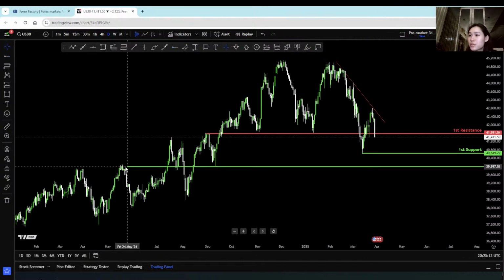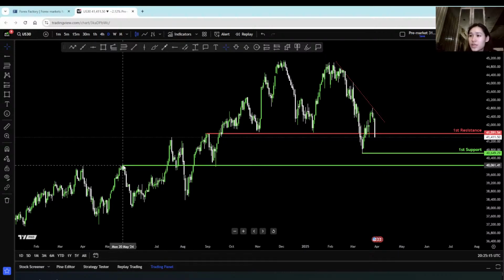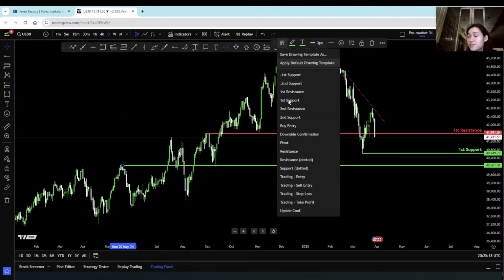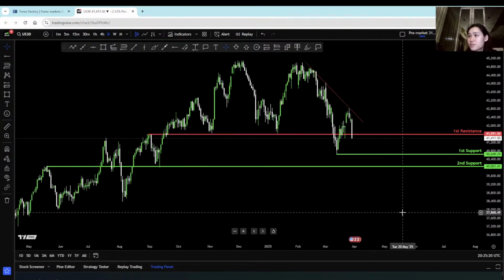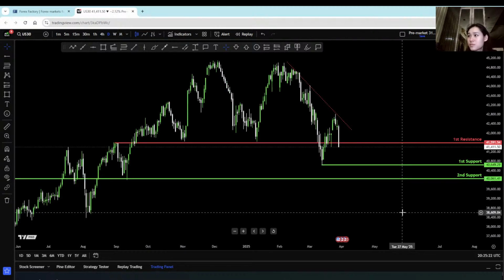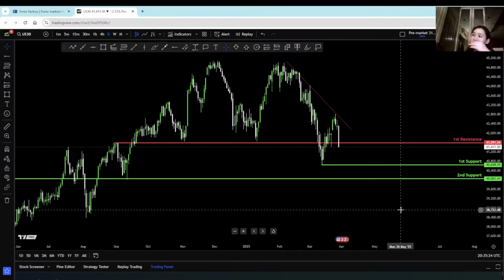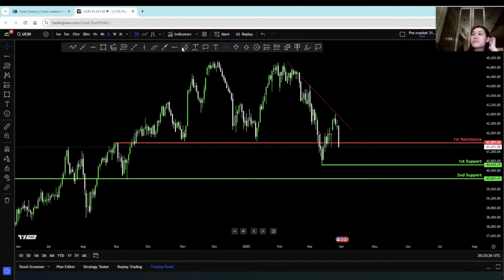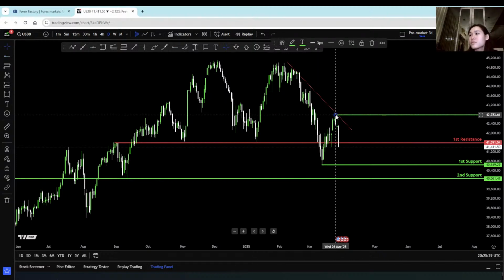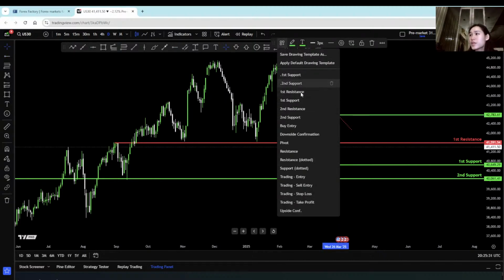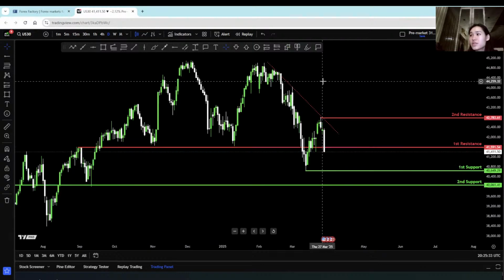Second support maybe just over here at this overlap level. Okay, and here will be my second resistance.